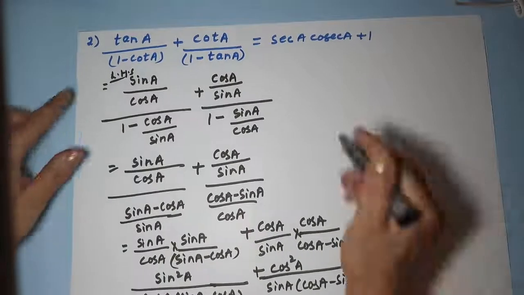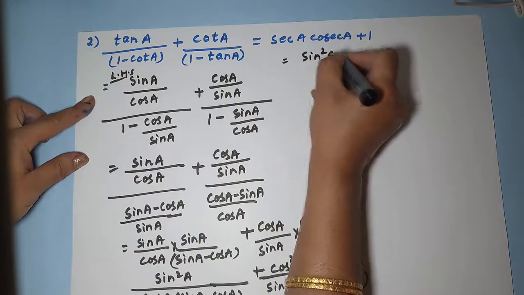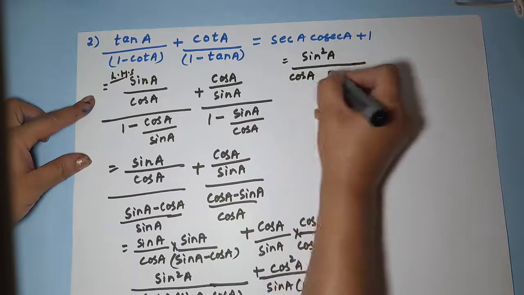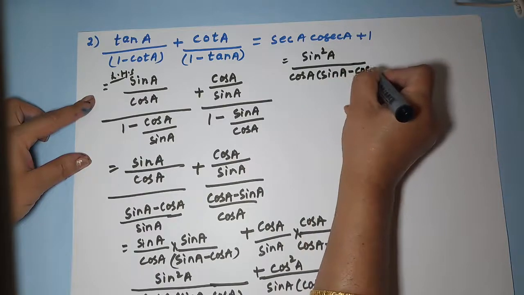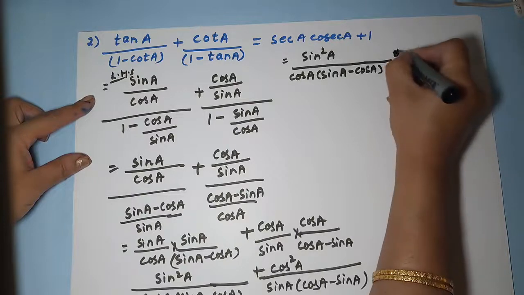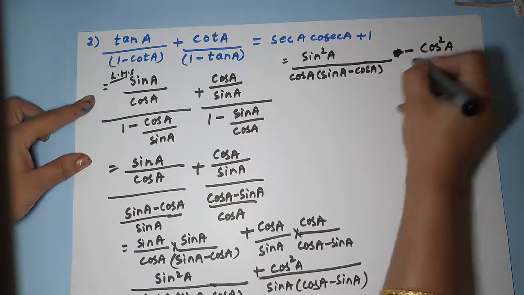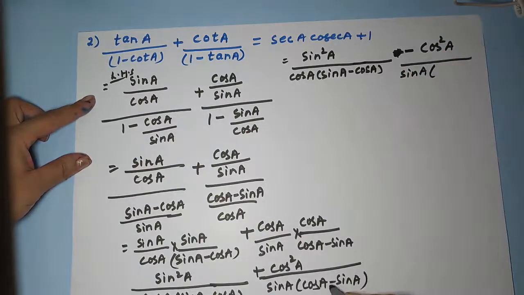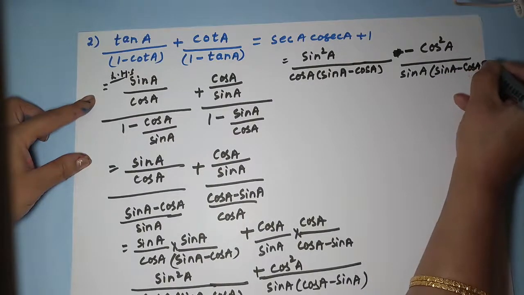So see what I am doing. I will write this as sin square A divided by cos A into sin A minus cos A, plus, here I will take minus common and write minus cos square A divided by sin A into this also as sin A minus cos A. Now why have I done this?